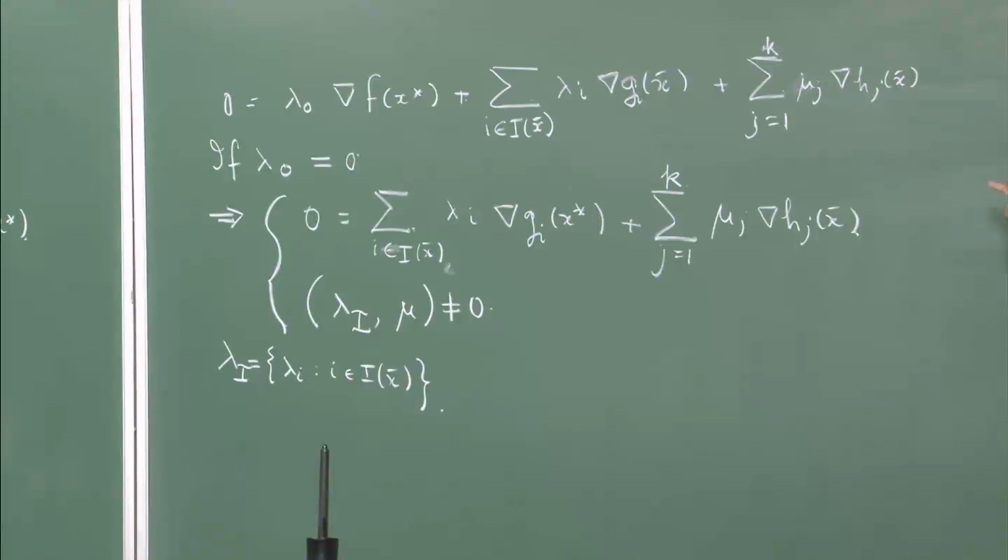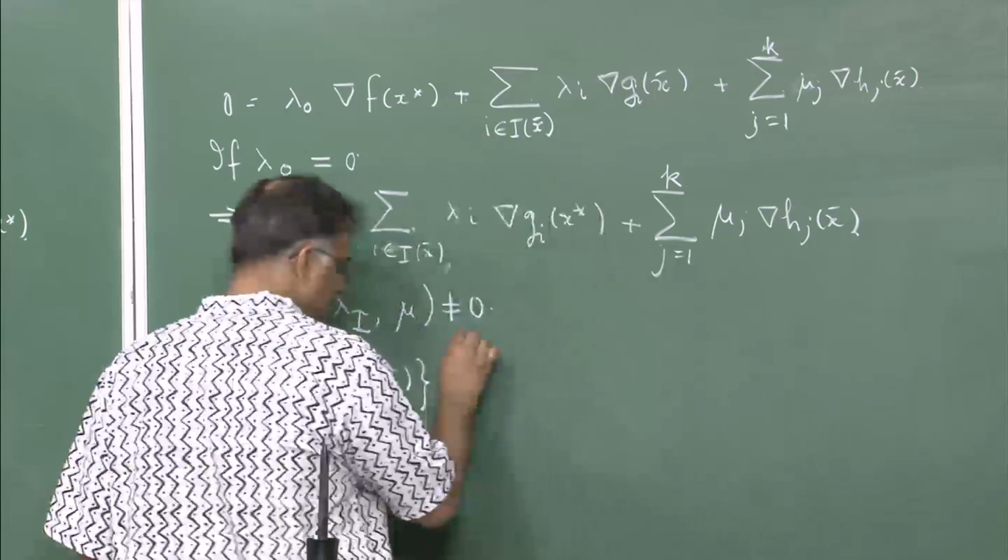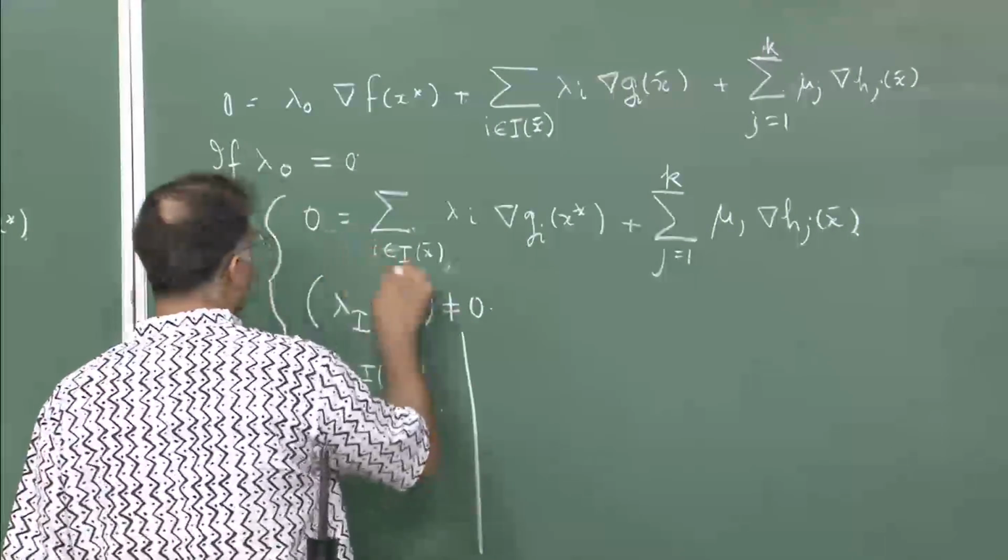If this condition fails, then lambda naught can never be equal to 0. What is the meaning of failure of this condition?